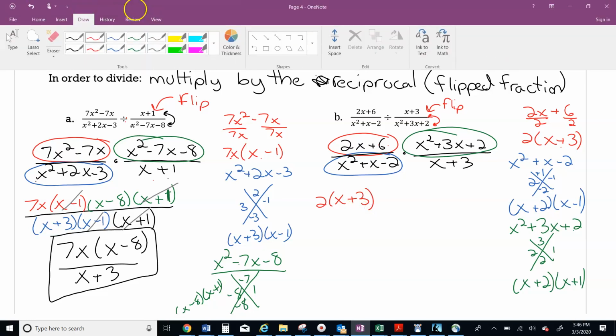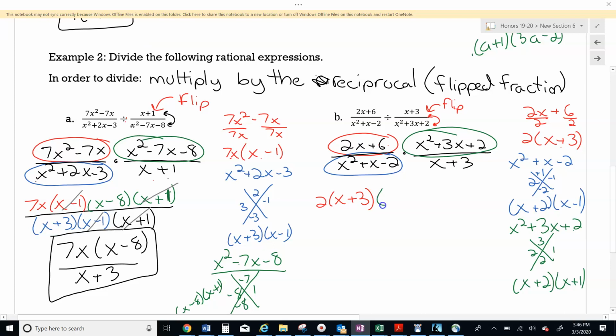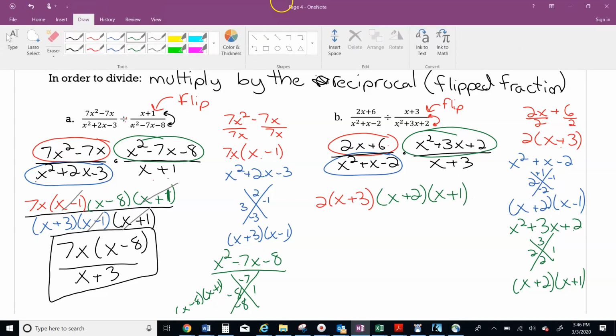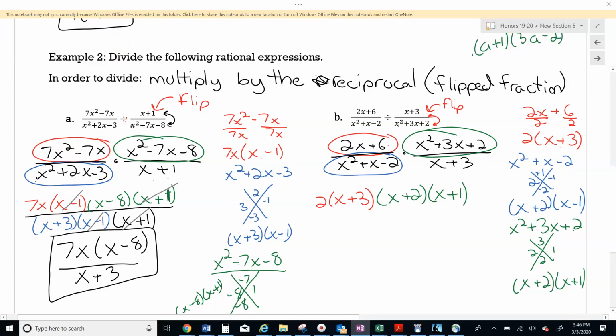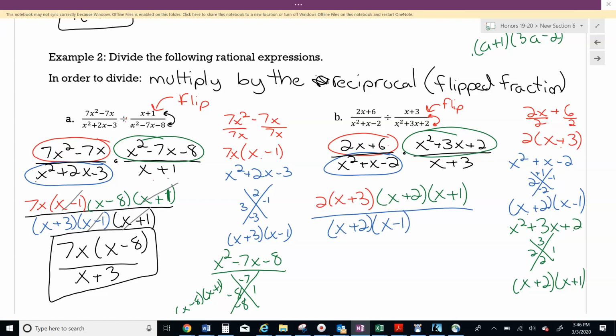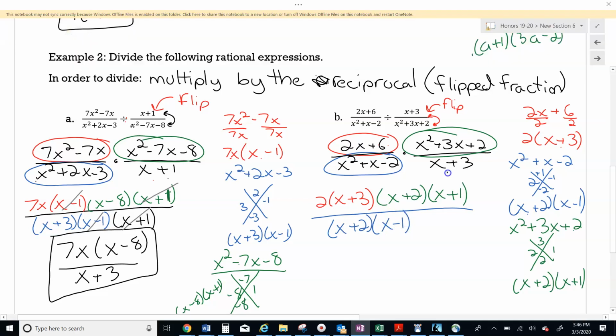And then from the green, I have x plus 2 and x plus 1. From the blue, I have x plus 2 and x minus 1. And then I have my one that can't factor, just that x plus 3.